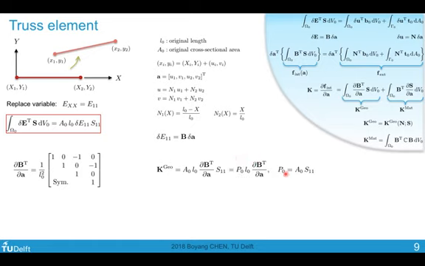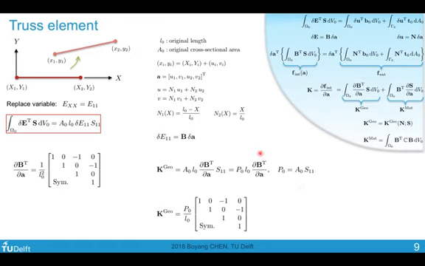We can define a P0, which is A0 times S11. This is the axial force applied on the truss in the initial configuration. So under the small strain assumption, this P0 is approximately the same as the applied force P. This we have talked about in the first part of this lecture, where we showed the meaning of the second Piola-Kirchhoff stress on the truss.